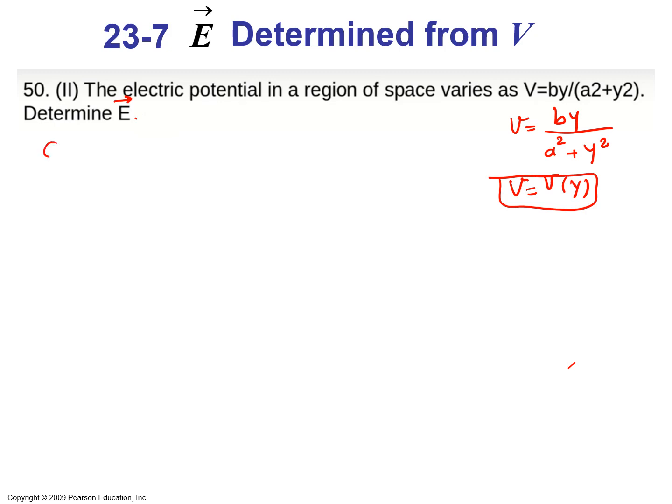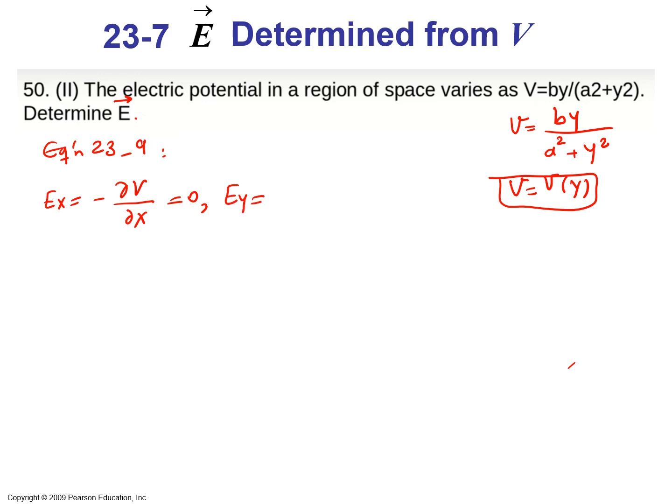So from equation 23(9), we know that we have to take the derivative of electric potential to calculate the components of electric field. So Ex is equal to minus partial V partial X. There is no X dependence of electric potential, so this is 0.